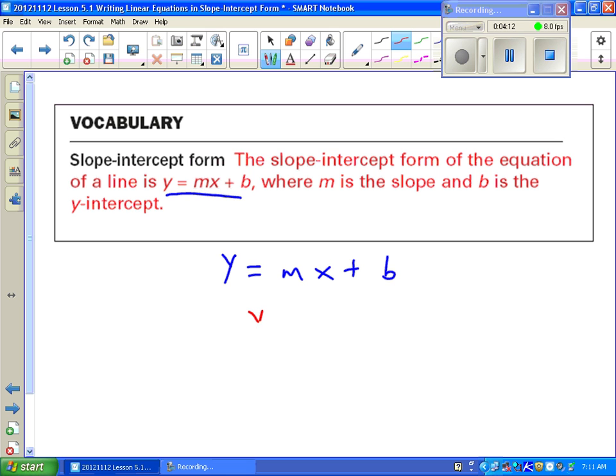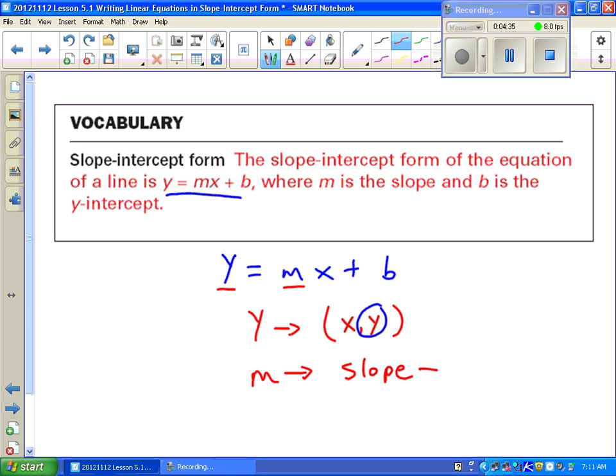The first one, y, its value is, when you're looking in an ordered pair, there's an x comma y, its value is the y in the ordered pair. The m is the next thing that's in the equation. That was the first variable. The second variable is m, and we've identified the m as the slope.